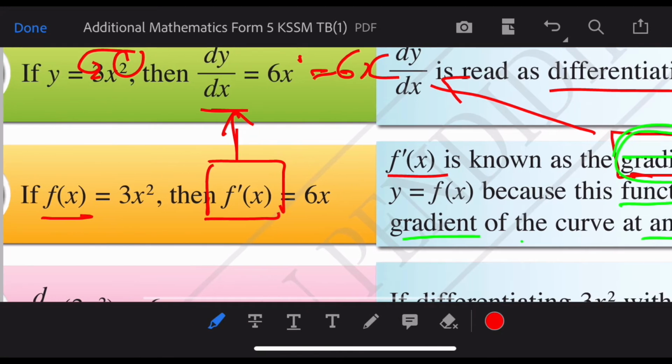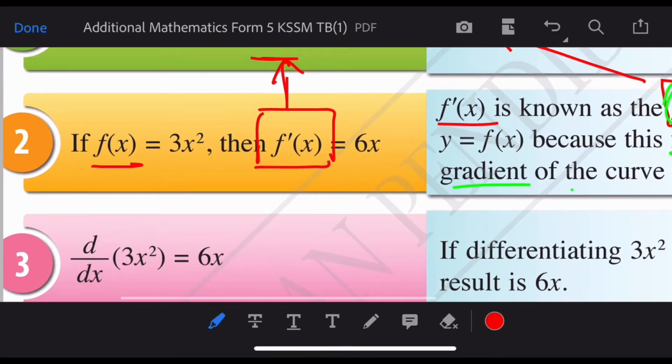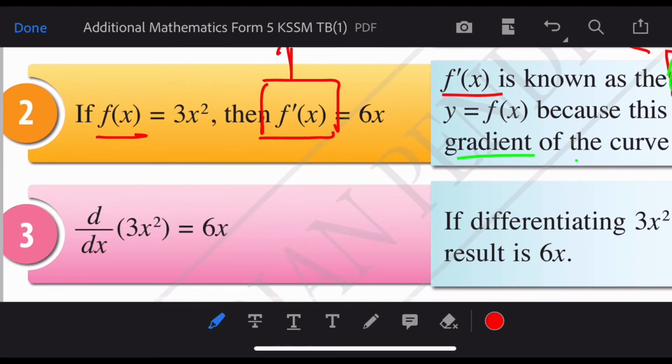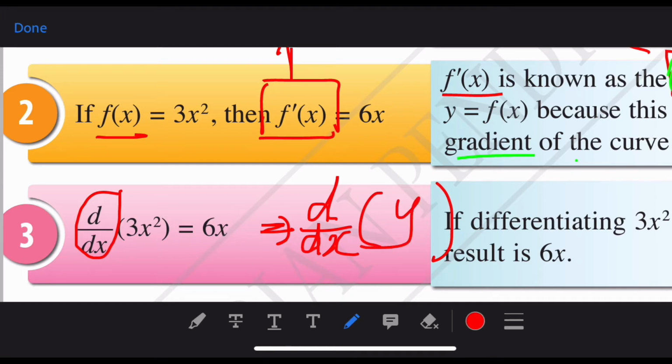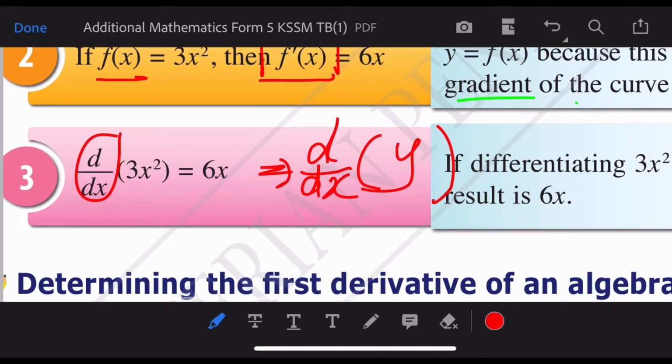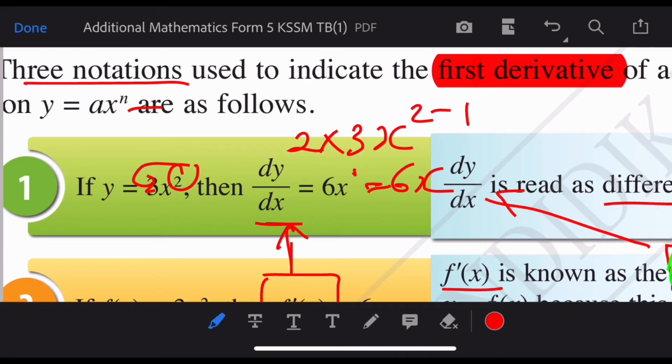So you have to learn how to write dy/dx. There are three ways. Another way is to write d/dx of y. It also means that you differentiate the y. What is the y? The y is 3x squared. So instead of writing y, we substitute 3x squared.